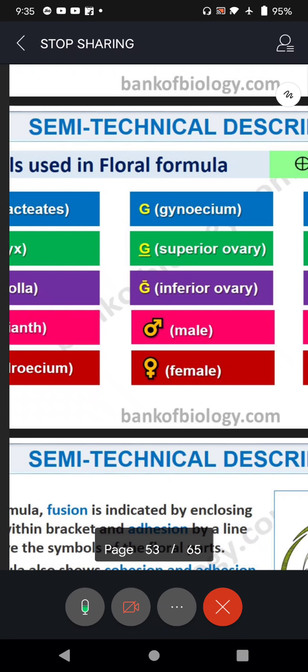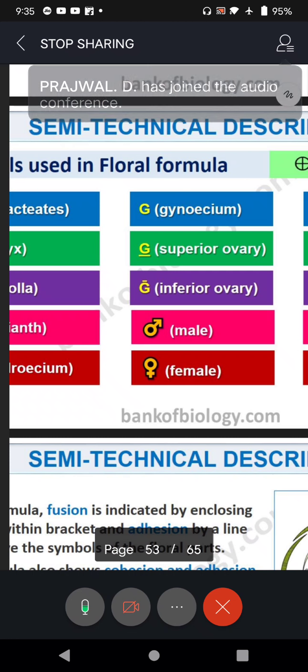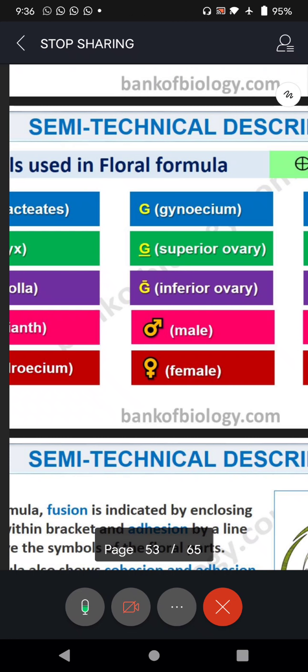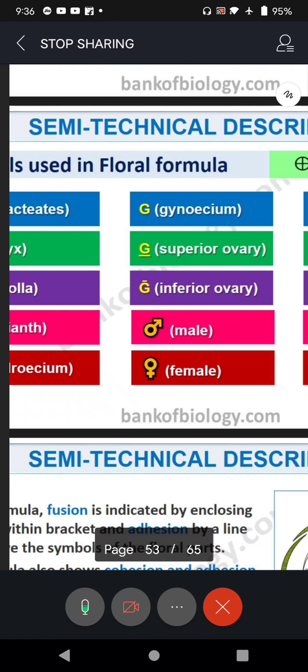Gynoecium is the female reproductive part, and gynoecium has got three parts, we said: stigma, style, ovary, isn't it? And depending upon the position of the ovary, gynoecium can be either superior ovary or inferior ovary.